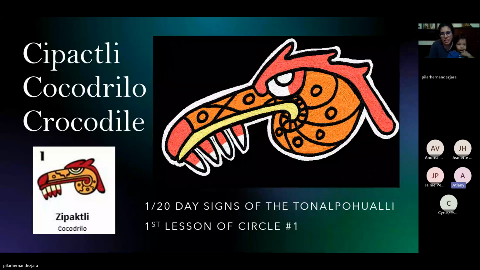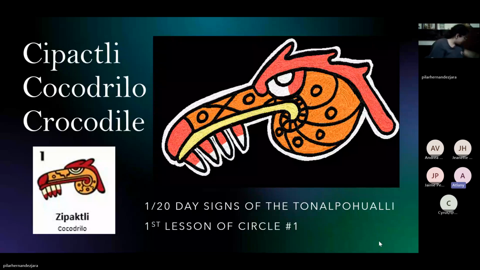So let's go ahead and start with the first tonal. Well, let me give a brief explanation of what the Tonalpohualli is. Tonalpohualli is basically the way that the calendar used to be followed by the elders. It is a calendar that we're gonna go into, and we're gonna try to learn it.